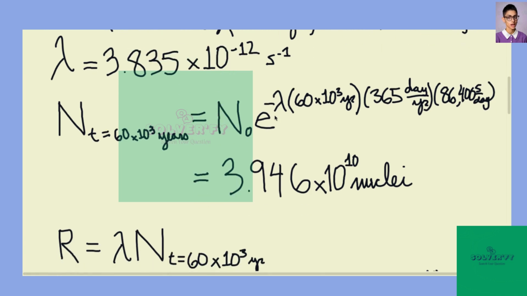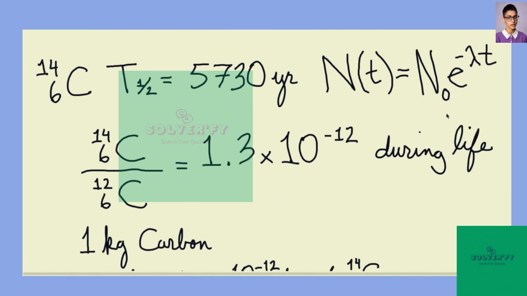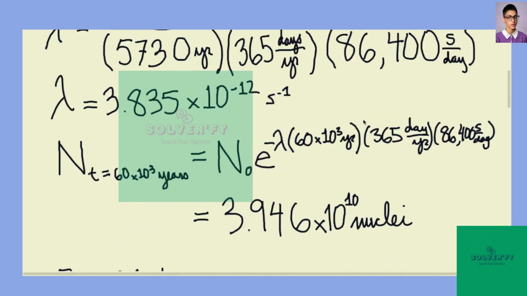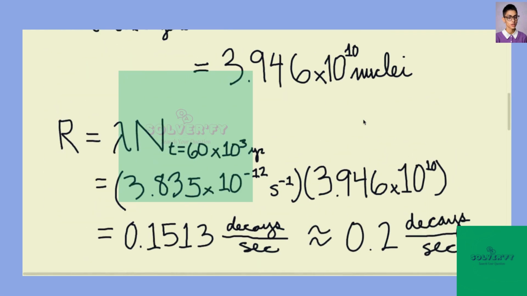Now, in order to find the amount of carbon-14 left after it's been decaying over many years, 60,000 years to be exact, we plug in 60,000 years in terms of seconds in our decay rate equation above.